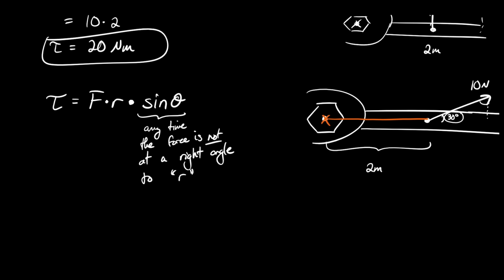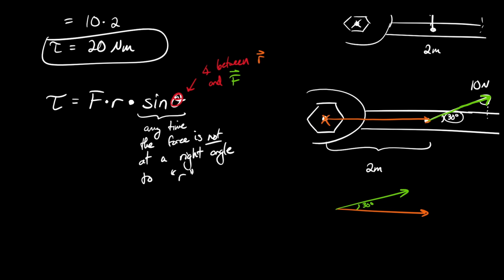Okay, and theta, the definition of theta is the angle between this orange R arrow and the force arrow, which I'll redraw in green just for visual clarity. If we compare the directions of these vectors, R goes like this, F goes like this, so the angle between them is 30 degrees.